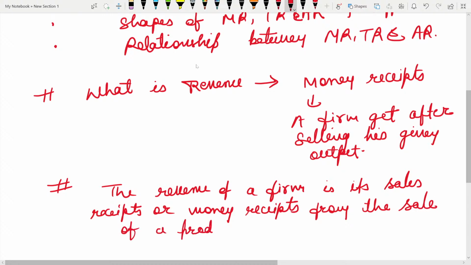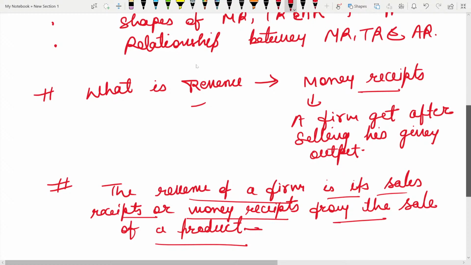Whichever of these definitions you are comfortable with, you can take it. So revenue is money receipts, or the revenue of a firm is its sales receipts or money receipts from the sale of a product. So this is revenue.